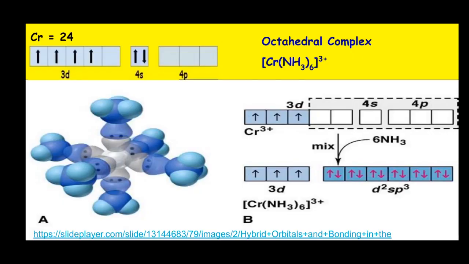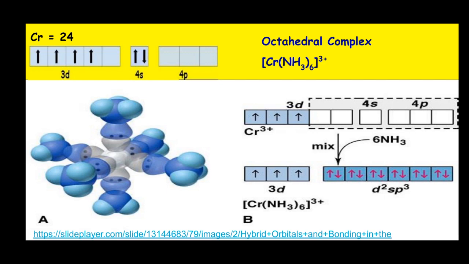This is the same complex, the hexammine chromium complex, whose formation we have seen. In this complex, the inner 2 d orbitals are used.